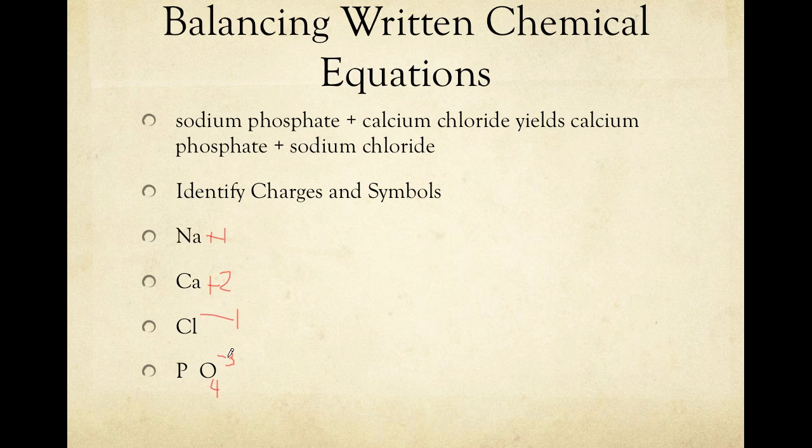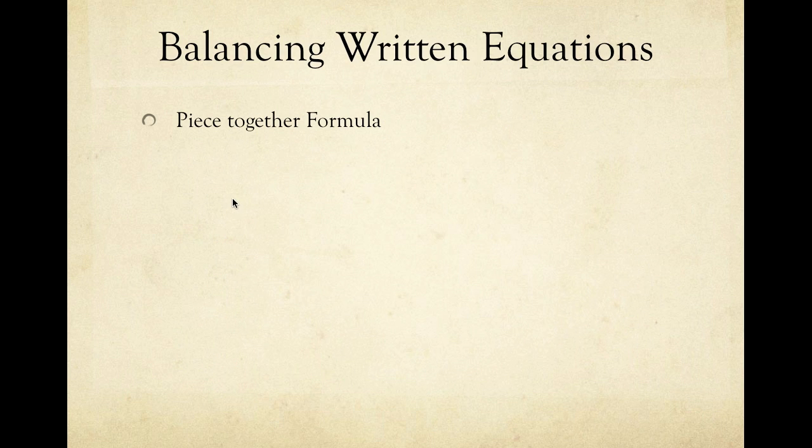Now that we have our symbols and our charges, we can piece together the formula. We have our Na for sodium. Now we have sodium phosphate, so let's add the phosphate to it, PO4.